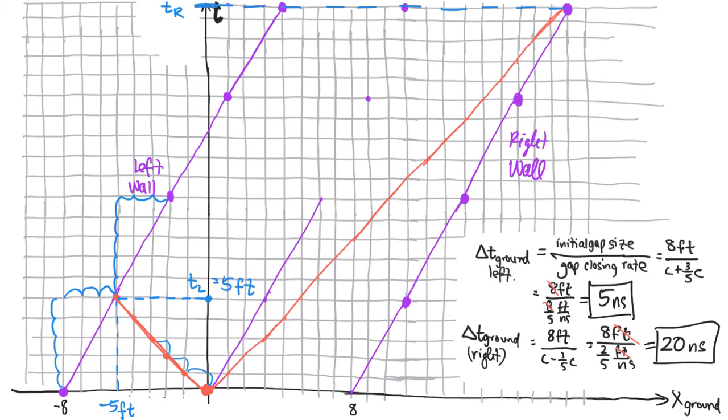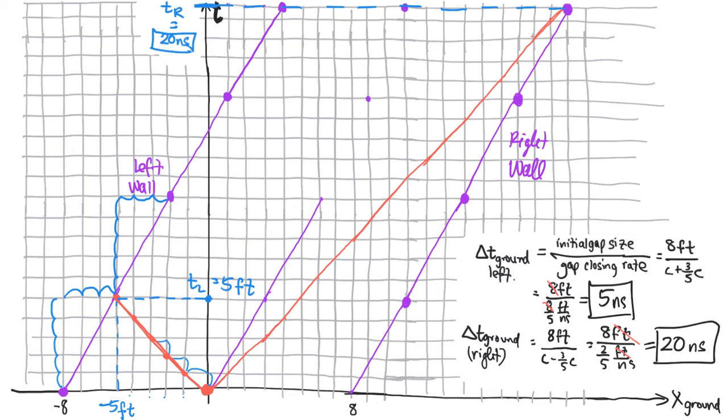Lo and behold, it is indeed 20 nanoseconds. So we can use our space-time diagrams quantitatively in the same way that we can use our equations. So these space-time diagrams are just another tool for understanding and calculating quantities in special relativity.